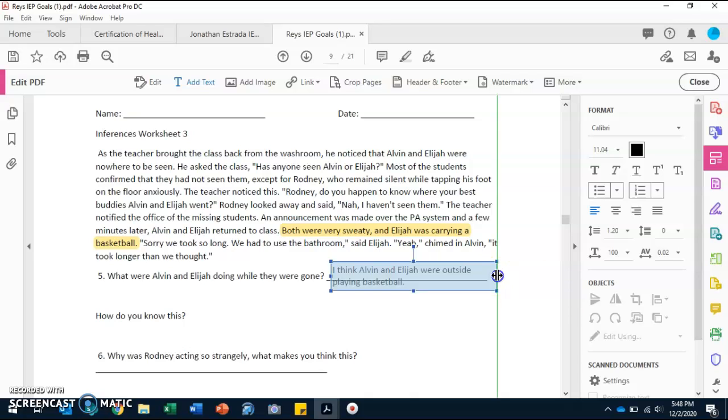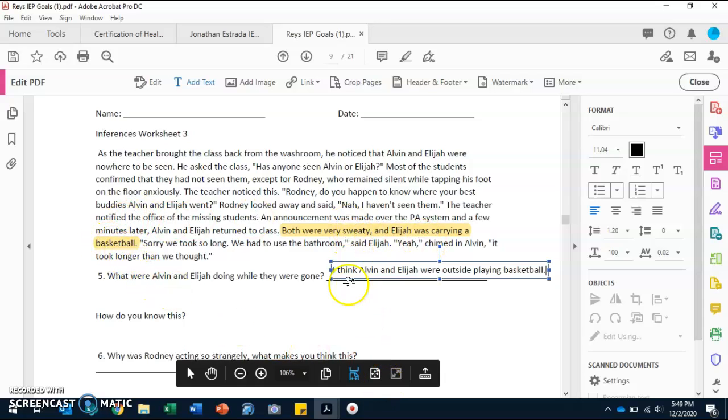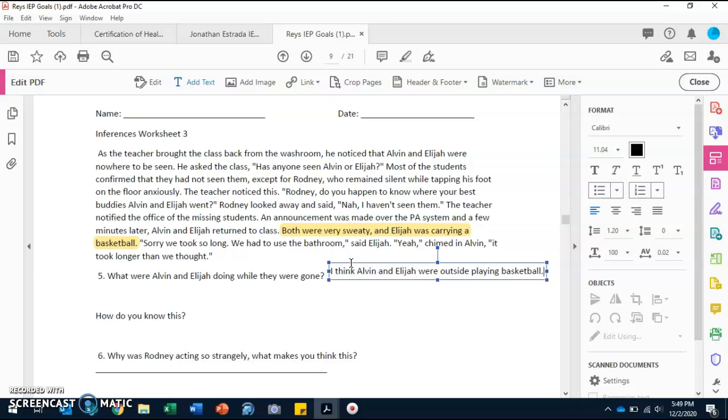And why do we think they were playing basketball outside? Because they were both sweating and one of them was carrying a basketball. And even though they didn't tell us that in the story, just by what we read and by what we know, we kind of predict that is what happened.